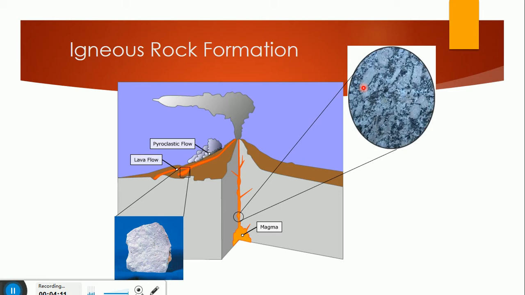Here, one important property of deep seated rock is euhedral texture. In this picture you can clearly see the grains of this rock are in a regular shape.